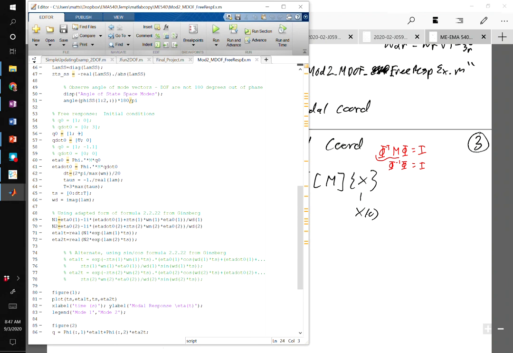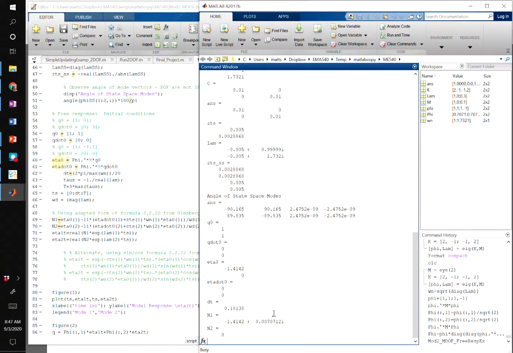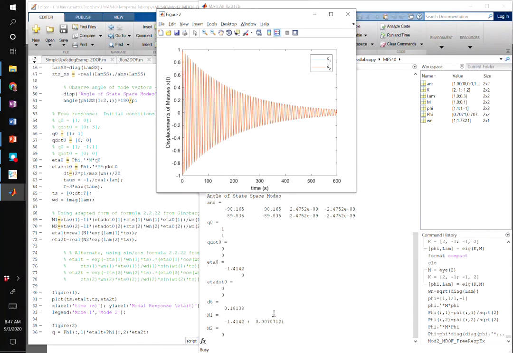But if we have these initial conditions, then my initial conditions on eta are phi transpose m times the initial displacement, and for eta dot, phi transpose m times the velocity. So if I run this whole script, let it run for just a second.